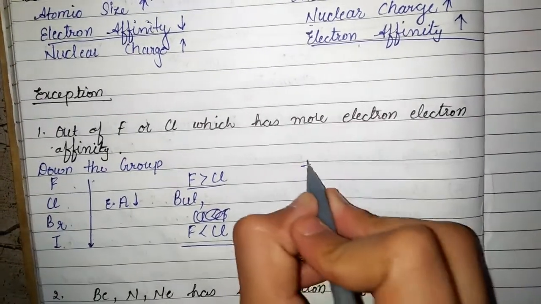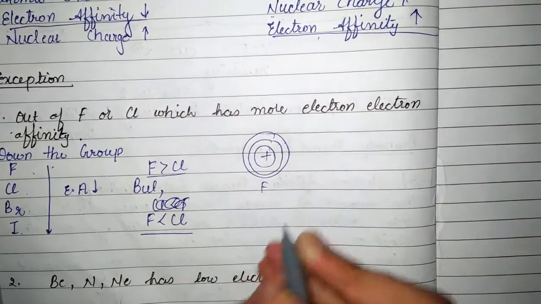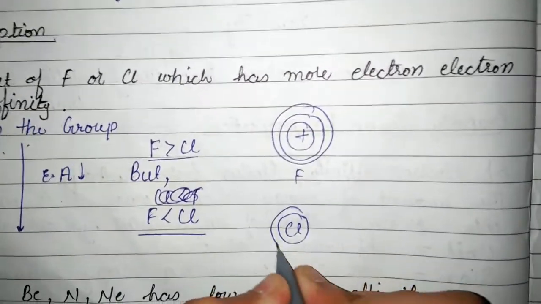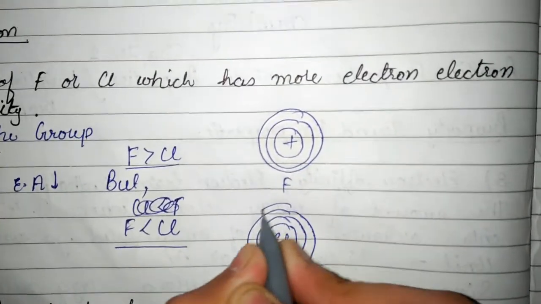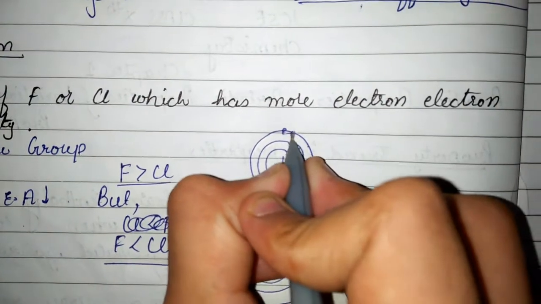How? Let's see. In fluorine we have two shells, and in chlorine we have three shells. Both have 7 electrons in the outermost shell.